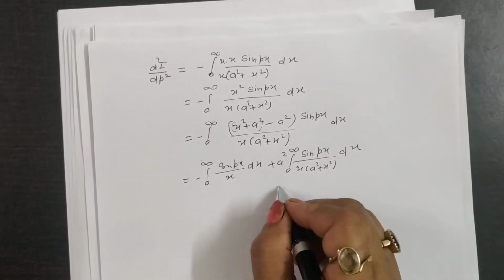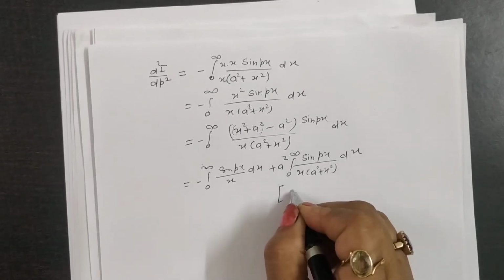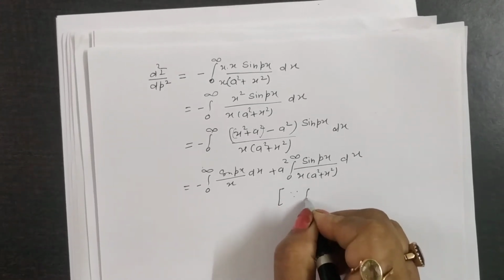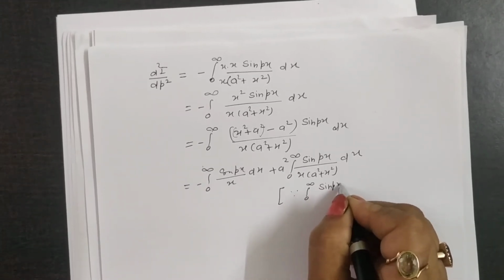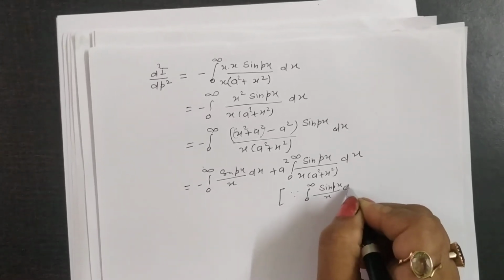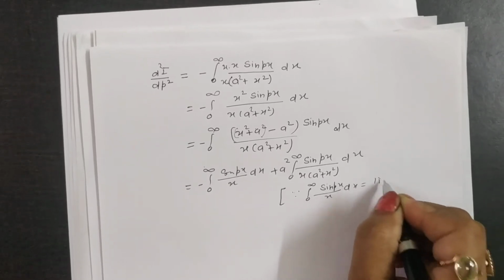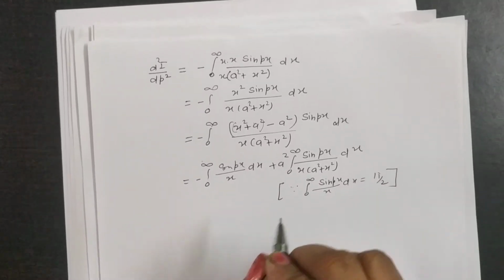And we know that the integral from 0 to infinity of sine px by x dx is equal to pi by 2. Earlier we have proved it.